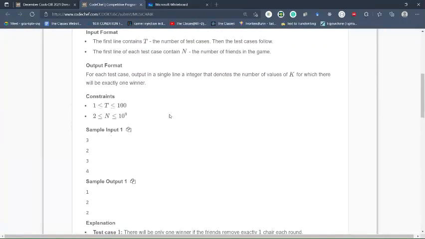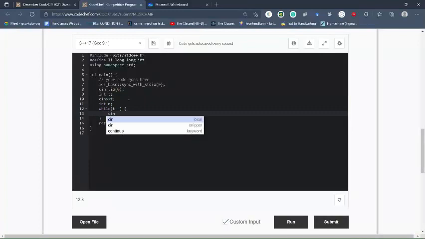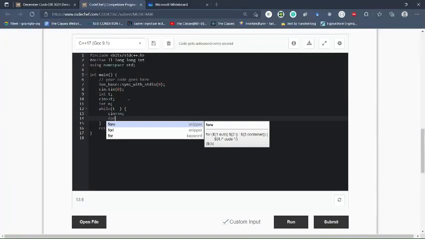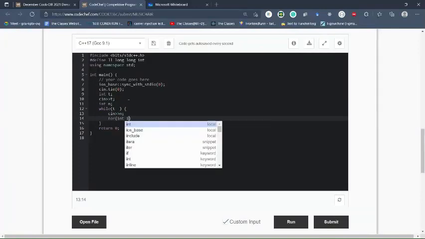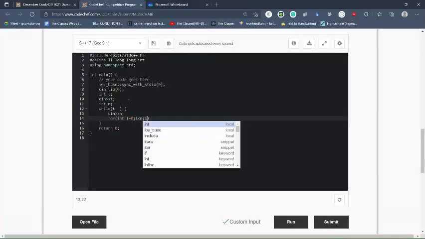Our input will be n, so we'll take a variable int n, and we'll take input n, and we'll write for int i equals 0, i less than n, i plus plus.